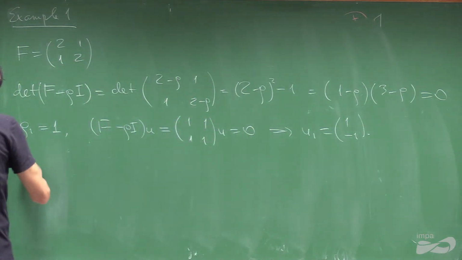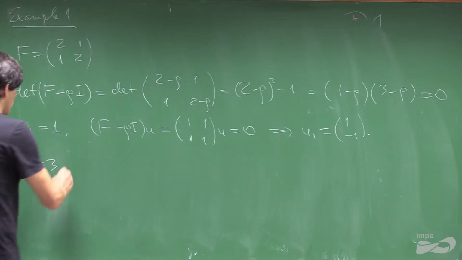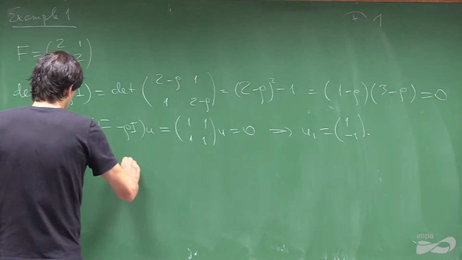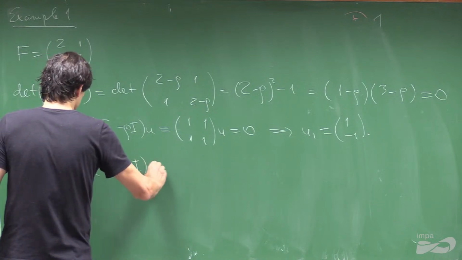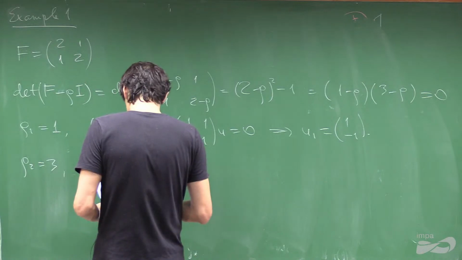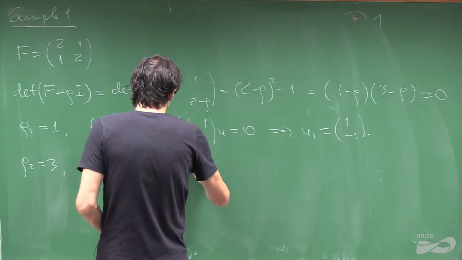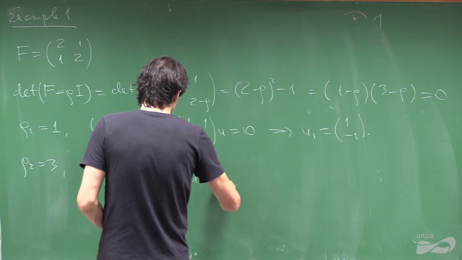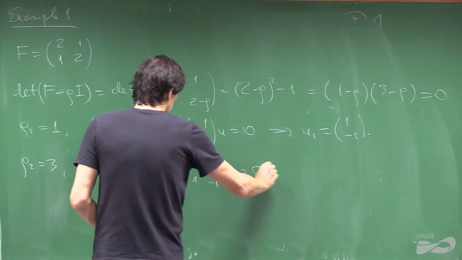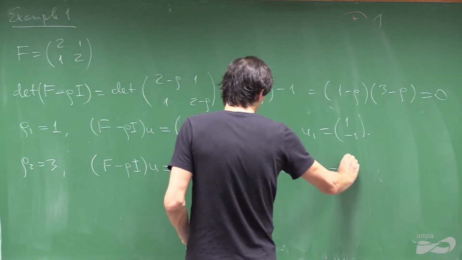And then the second root is 3, and the eigenvalue problem gives, subtracting 3, minus 1, 1, 1, minus 1. So the eigenvector is 1, 1.